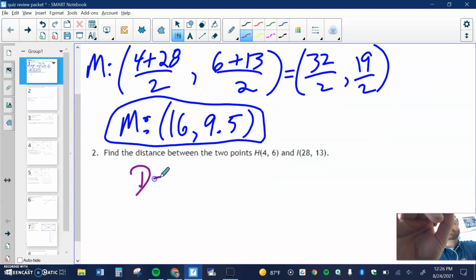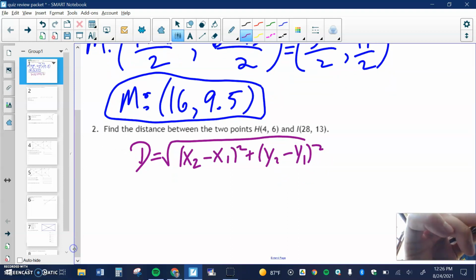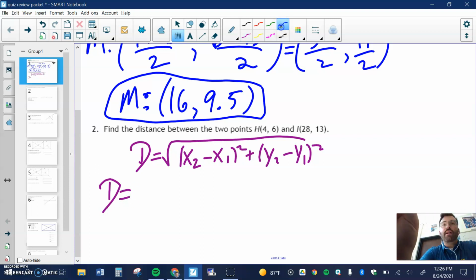Distance formula. Distance equals the square root of x2 minus x1 squared plus y2 minus y1 squared. Okay. So, knowing that, using the same points, look at that, x1, y1, x2, y2.